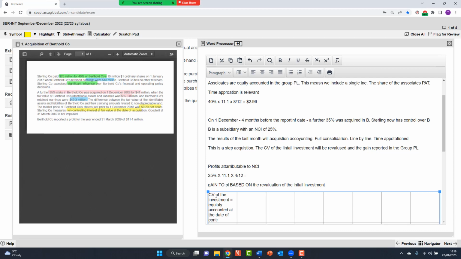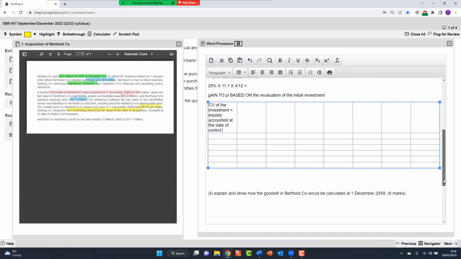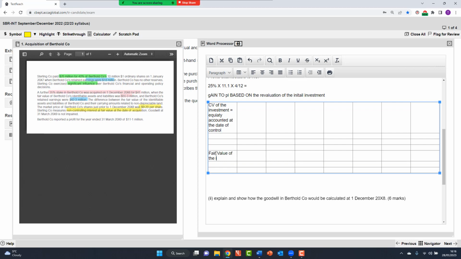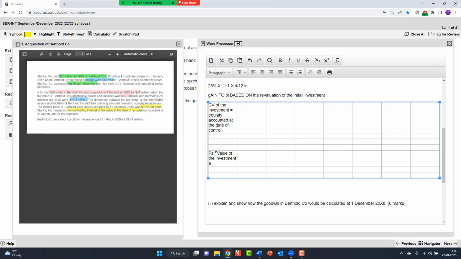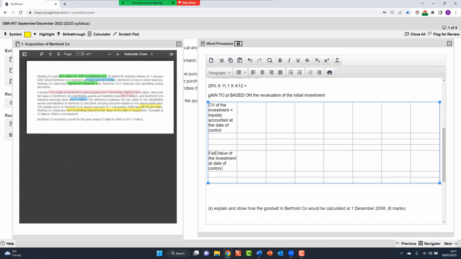And then I would compare that with effectively the fair value of the investment at the date of control. Now, probably that second number, and then the difference is the gain that you're taking to the group P&L.